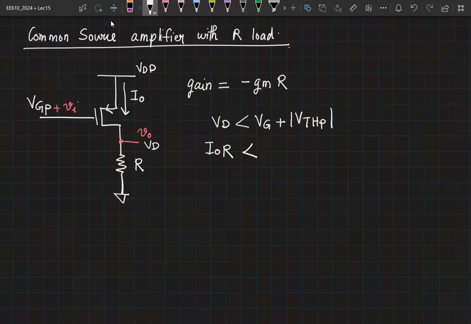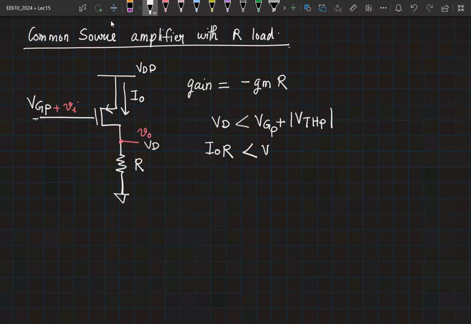This has to be smaller than, what comment can you make about VGP? Sorry, this VGP. What would be the value in terms of VDD and the other transistor properties? VTH plus? Is that VGP or is that VSG? Correct.